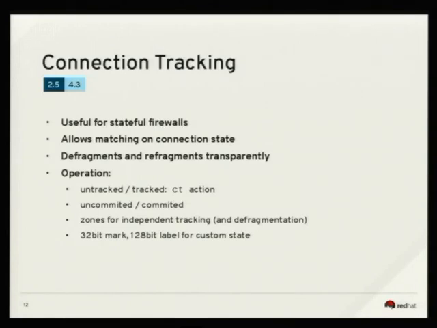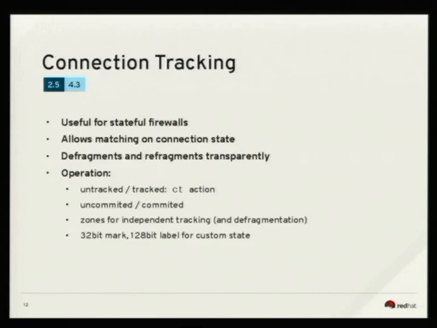The CT action takes several parameters. One of them is a table, which causes the packet to be forked and to continue in the specified table, while also continuing to execute rules in the same table. And in that new table, the packet becomes tracked. So from that point on, you can match on those conntrack fields.